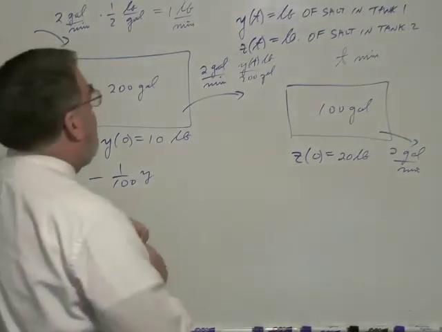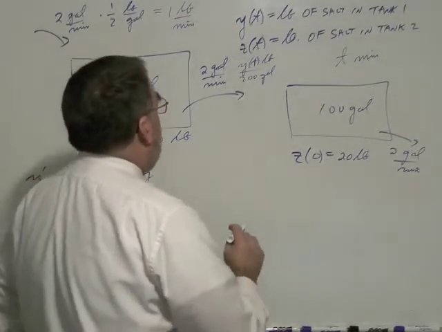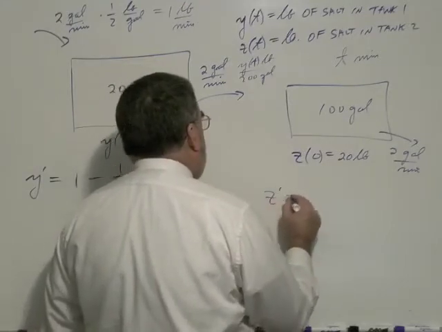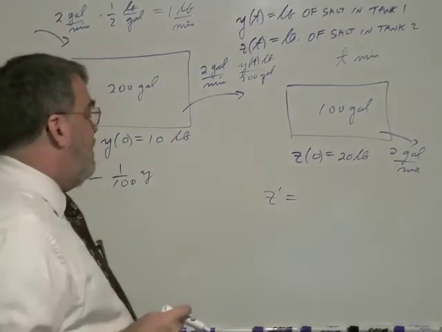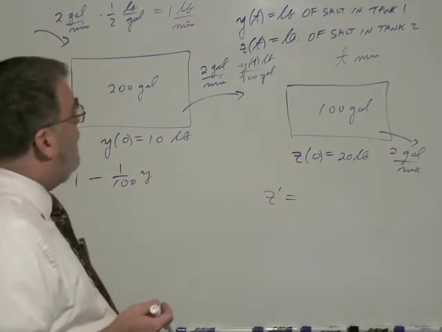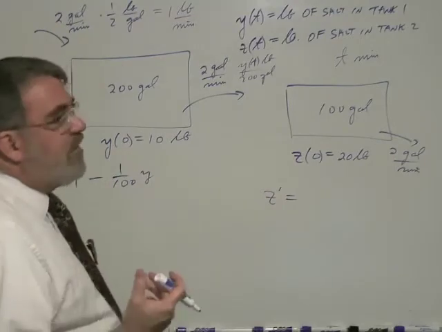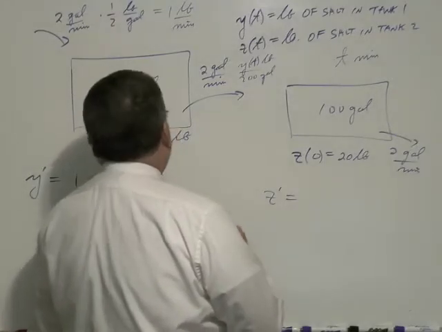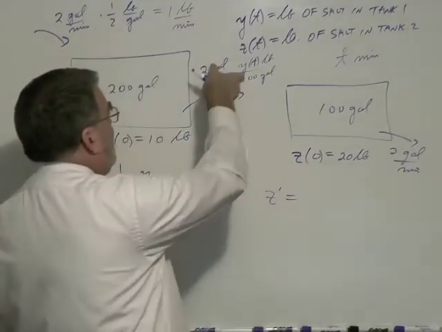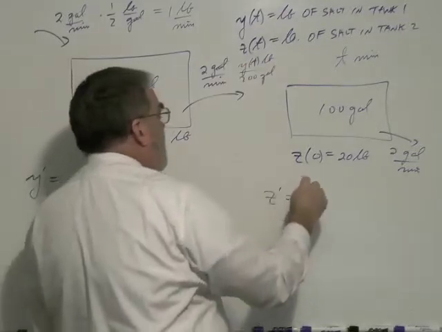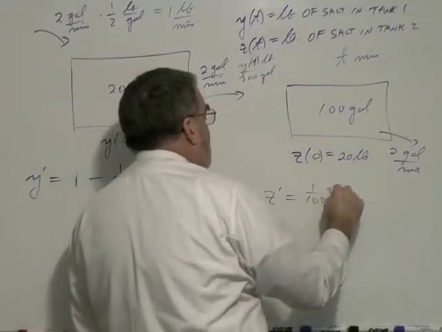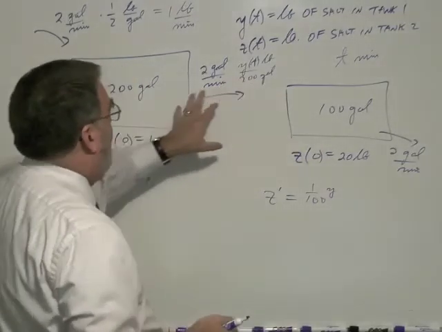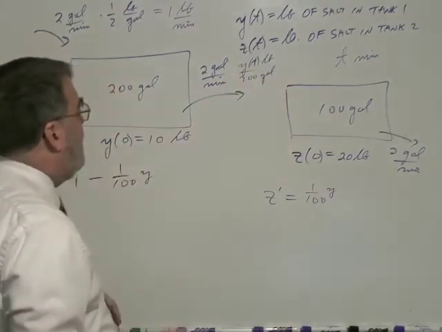Now over here, the rate of change of salt in tank 2 with respect to time is Z prime, and Z prime will be the amount of salt coming in. Well, the amount of salt coming in is, guess what, this calculation right here, 1 over 100 Y, because it's going out and coming in at the same rates.